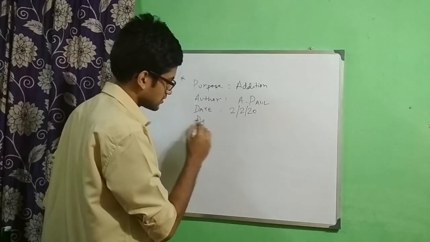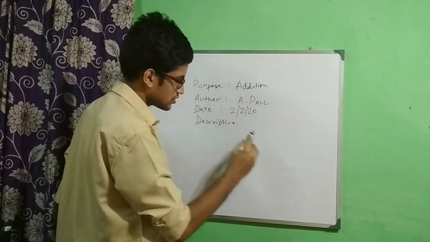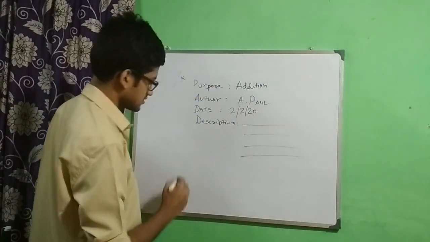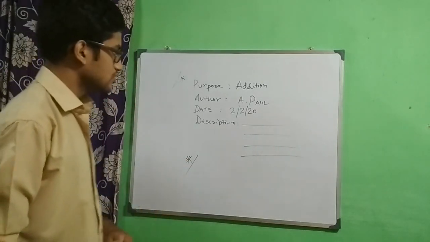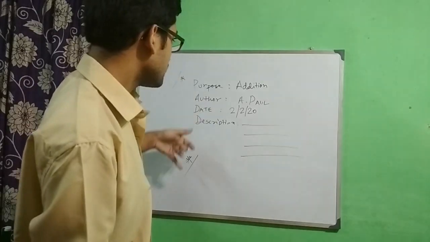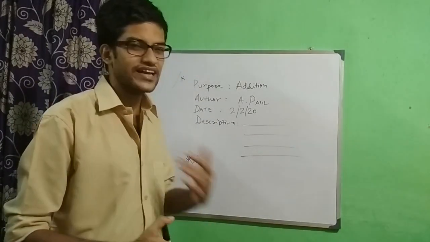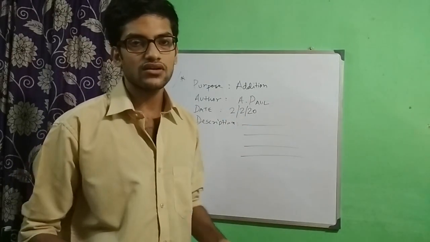Description, there can be a description also, and this could be many lines of detailed description, and finally we end the multi-line comment. So these are the basic fields or details or properties we should include in any program written in any programming language, be it C, Java, .NET, C++ or anything.